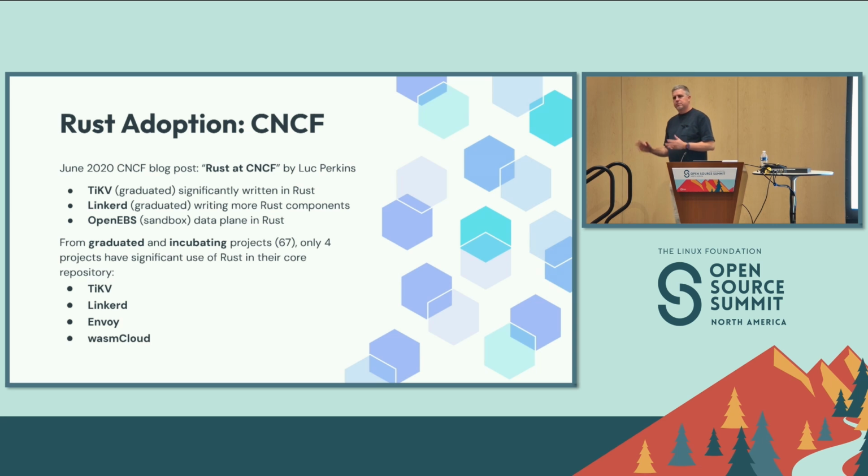Again, this is not pro or con any of the languages. It was just interesting for me to try and understand from the data who's using Rust, who's adopting it, who's using it as a core project component, who's making an SDK that allows Rust users to adopt or utilize the project.